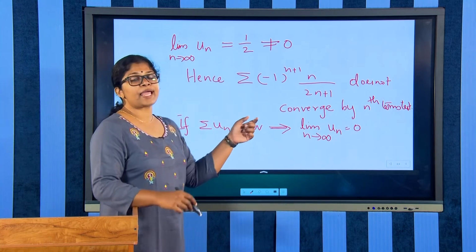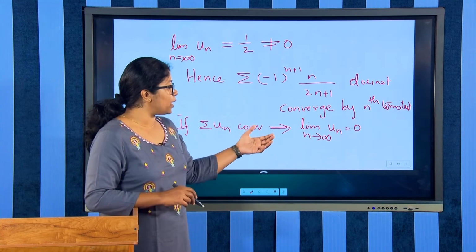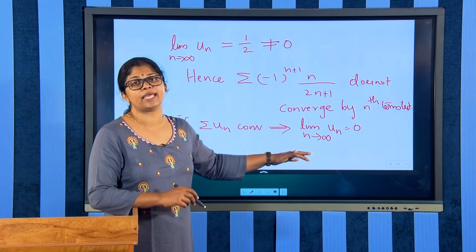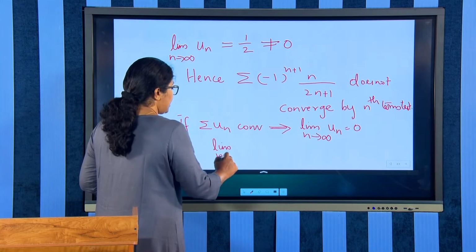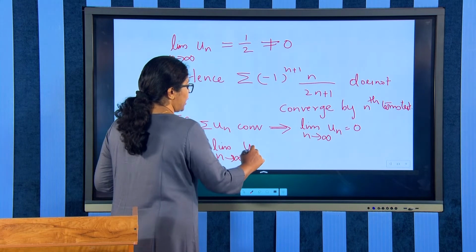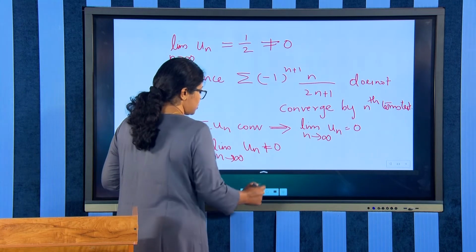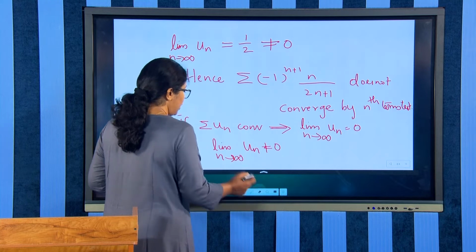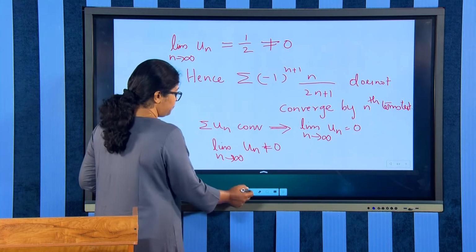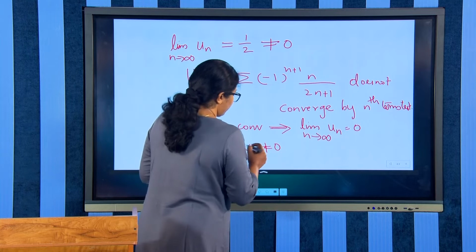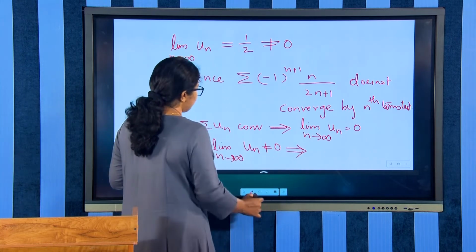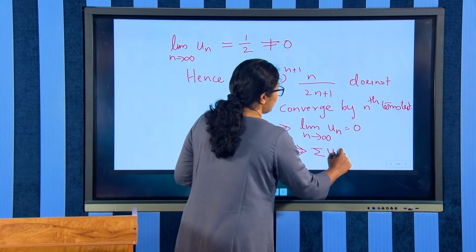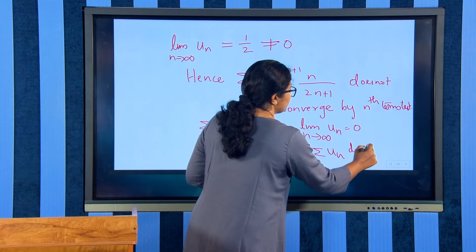So, if P implies Q, that is logically equivalent to saying negation Q implies negation P. So, if limit n tends to infinity un is not equal to 0, that implies summation un does not converge.